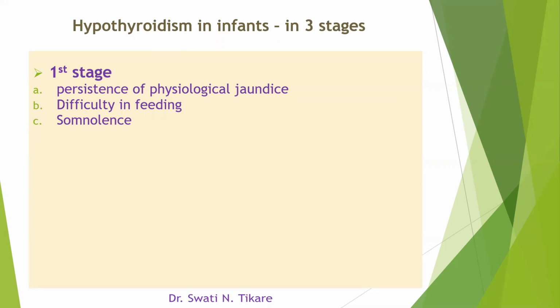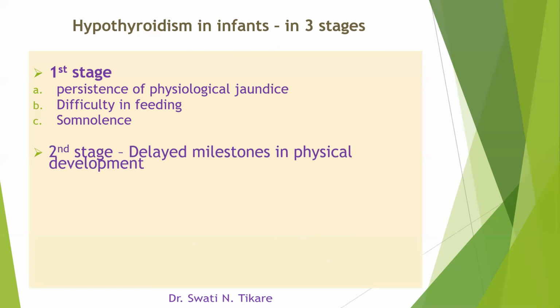Immediately after birth, what are the ways in which hypothyroidism can present? In the first stage, you know that in the early days after birth there is a physiological jaundice, where the bilirubin levels are a little high. But if this persists for a longer period in hypothyroidism, there is difficulty in feeding. The baby is not able to feed.